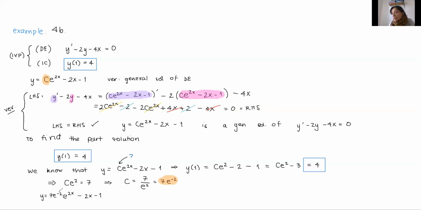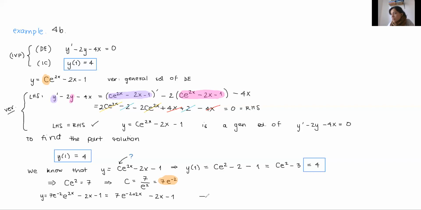And here, just for the sake of not having to write e to the minus 2 times e to the 2x, because these two things have the same base, right? So for example, if I have x to the 1 times x to the 2, then I can just add the exponents. So here I can do the same. e to the minus 2 times e to the 2x is just going to be e to the minus 2 plus 2x, right? I can add their exponents as well. So that means this is going to be 7 times e to the minus 2 plus 2x, minus 2x minus 1.